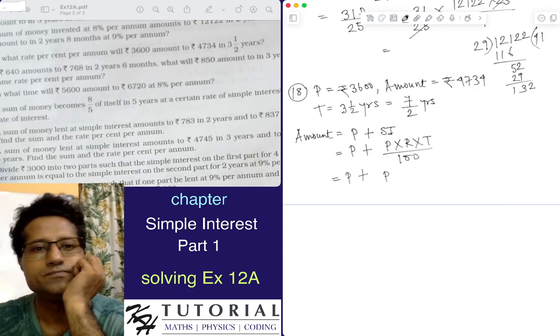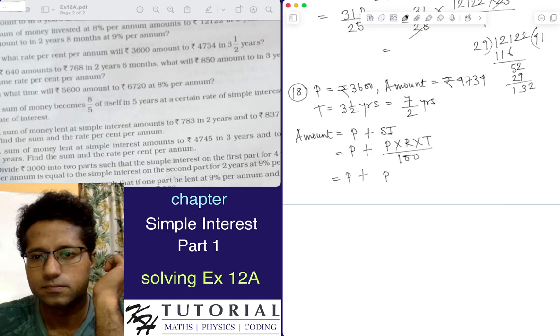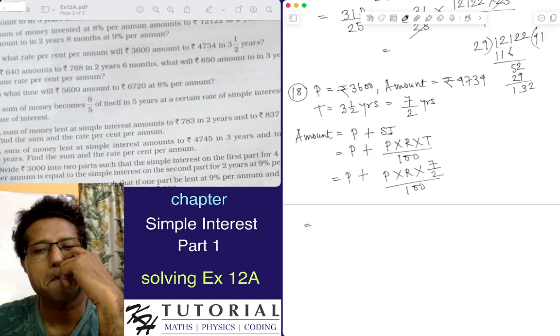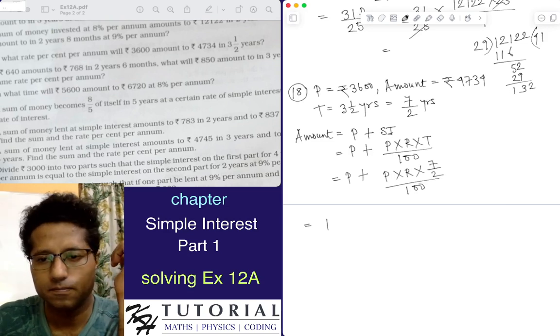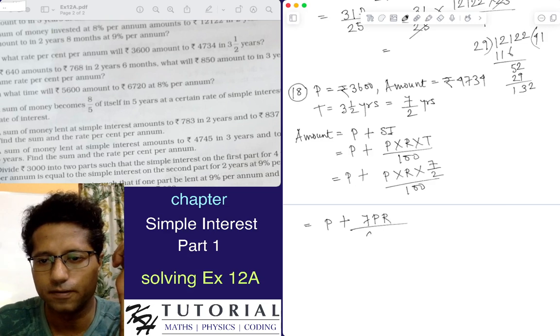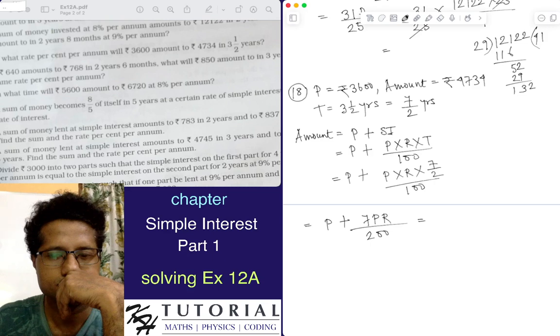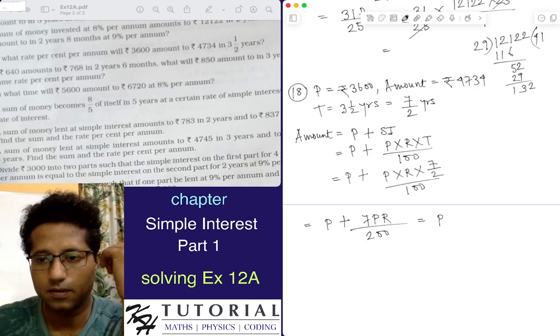We have to find R. So let it be R, and what is T? T is 7/2 by 100. Now this is P plus 7PR by 200. From here, if you take P common, I get 1 plus 7R by 200.